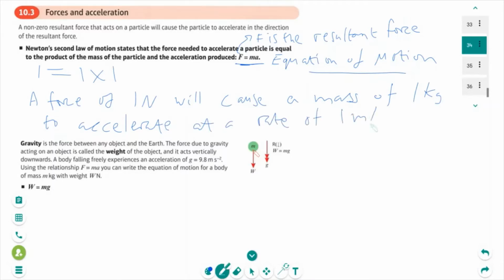So that's the simplest possible equation you could have. If you do physics, F equals ma should be very familiar to you.